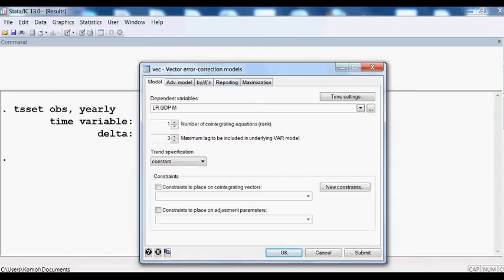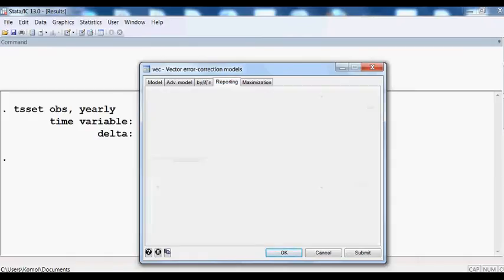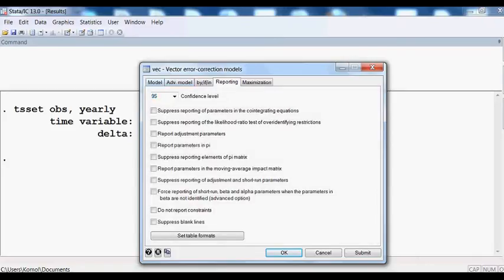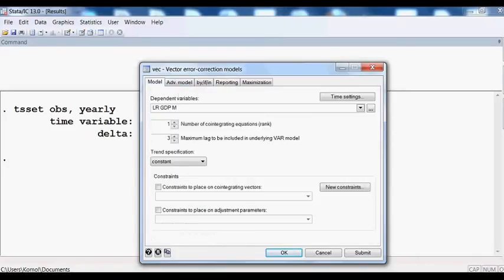Okay, then what else? Anything from reporting? No, nothing from reporting. So here I put LR first intentionally, because this one would be our error correction model, where LR is the dependent variable.